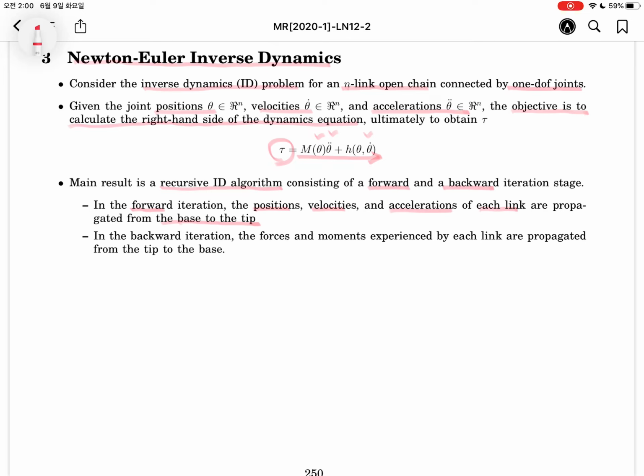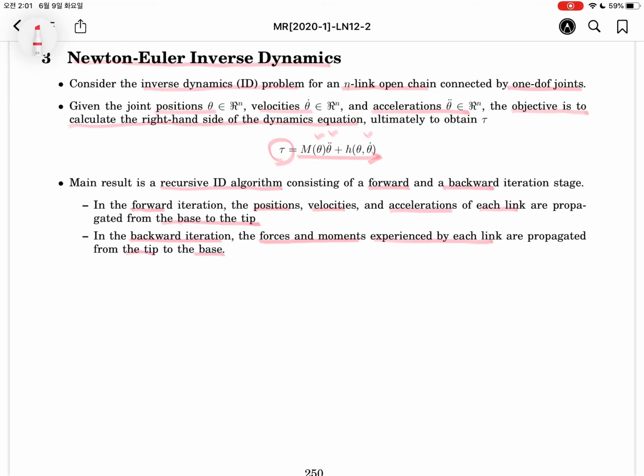On the other hand, in the backward iteration, force and moment, such as the wrench experienced by each link, will be propagated from the tip to the base.